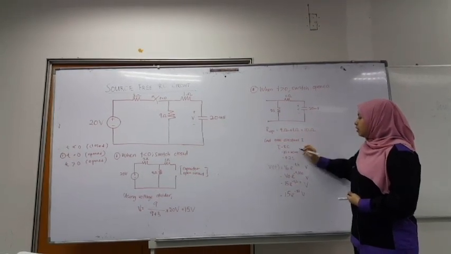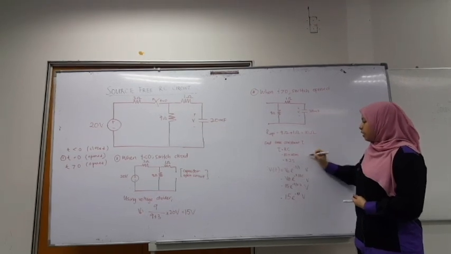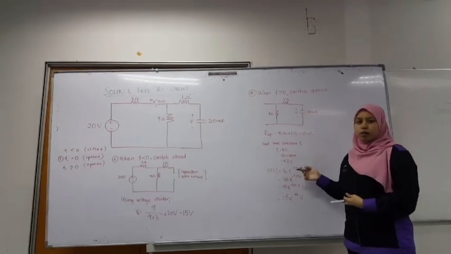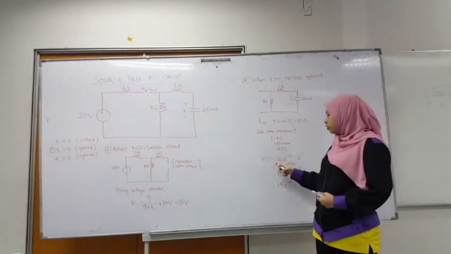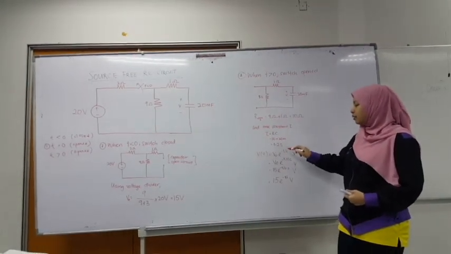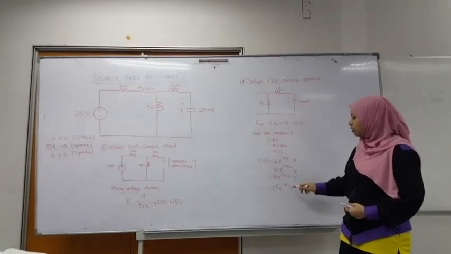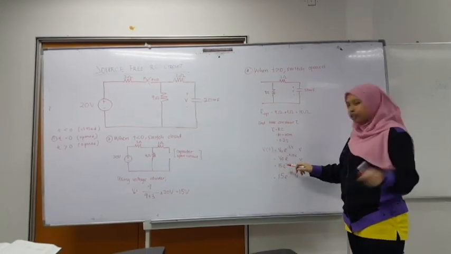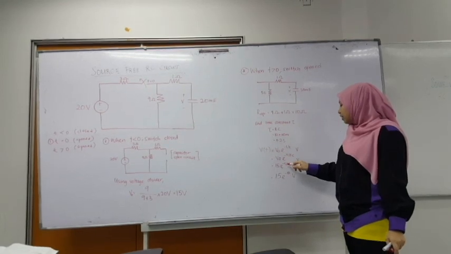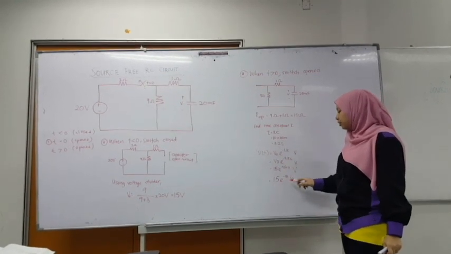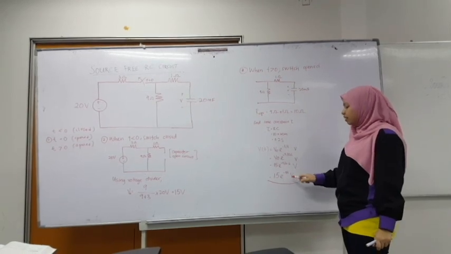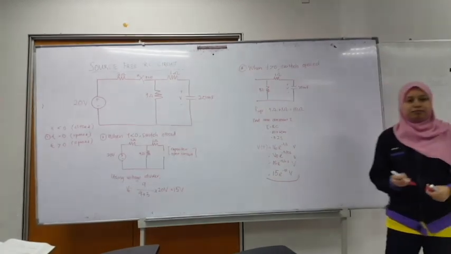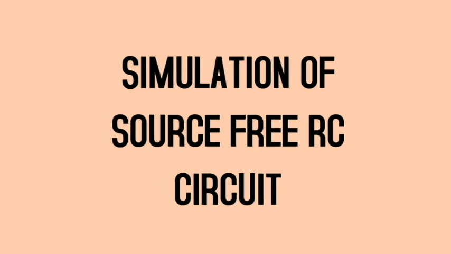Our R equivalent times our capacitor of 20 millifarads equals 0.2 seconds. So v(t) equals V naught e to the negative t over tau, so 15 e to the negative t over 0.2. So we get the answer 15 e to the negative 5t volts. Thank you.